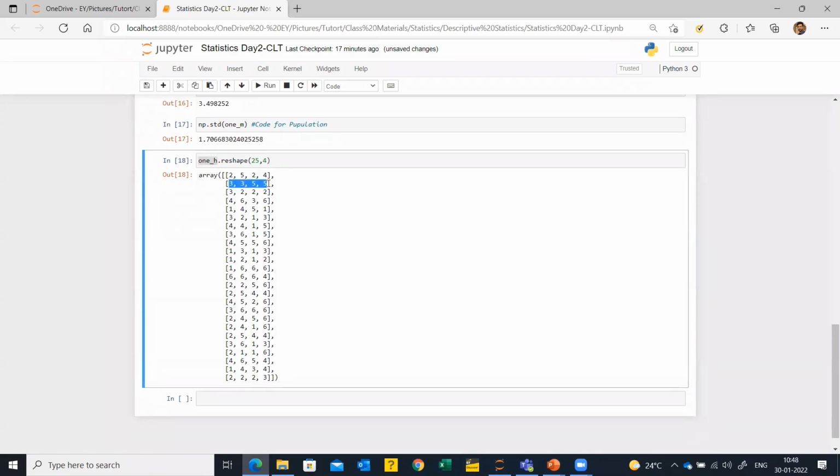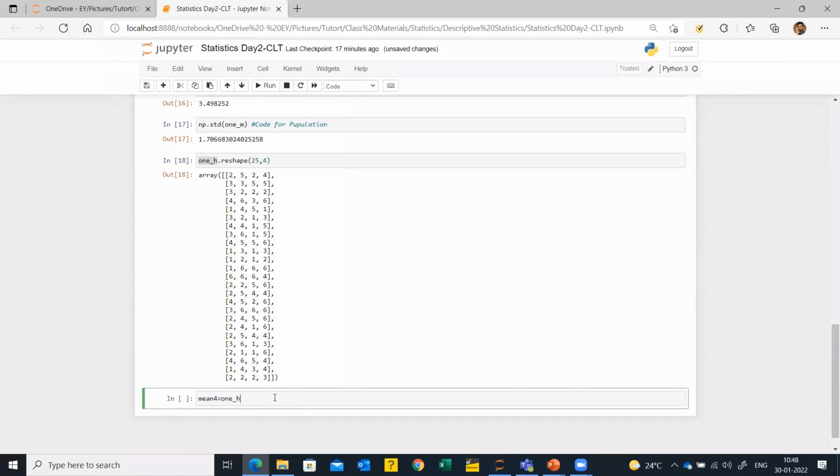For that, let's write a function. I will start with 1_h, and let me create a variable mean. It is taking 4 variables at a time, so let's make it 4 is equals to 1_h.